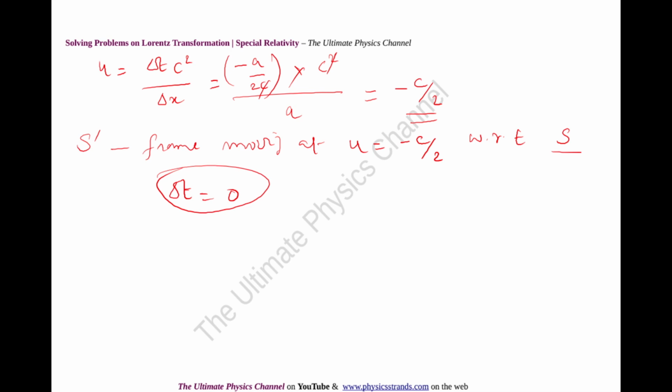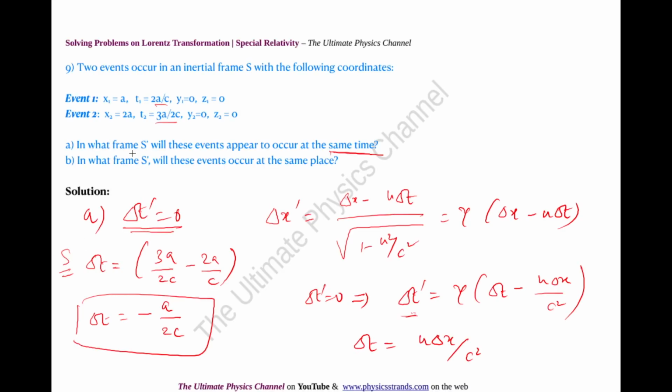In what frame S prime will these two events appear to occur at the same time? That is a frame S prime moving at relative velocity u equal to minus c by 2 with respect to S. So in such a frame, the two events will occur at the same time, though they are separated by this time interval in S, right?